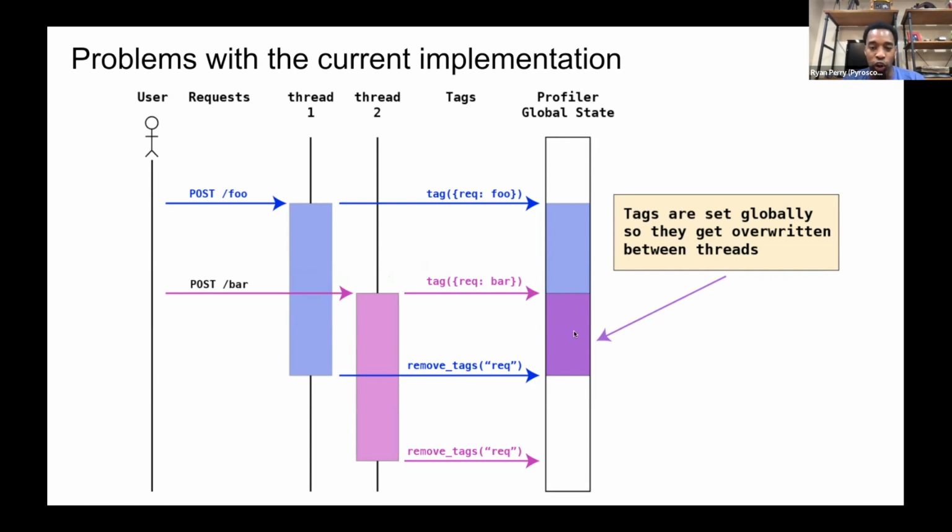Then once foo is done, it will remove the tags for that particular request. Now the tag is removed, and the rest of the bar thread continues running, and you're going to miss out on some of the work being done there.